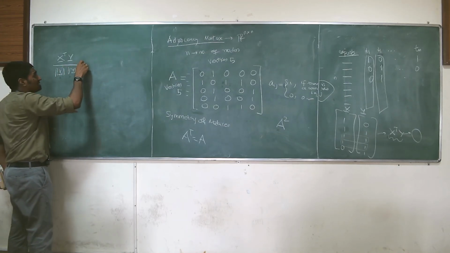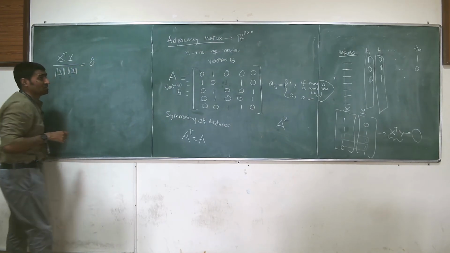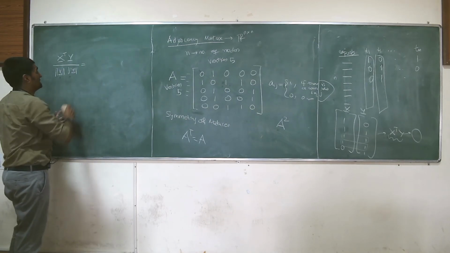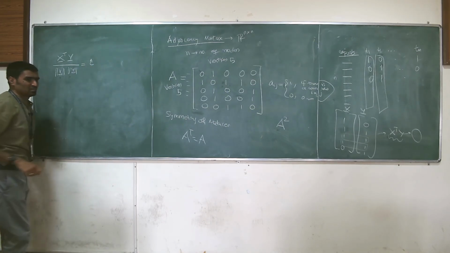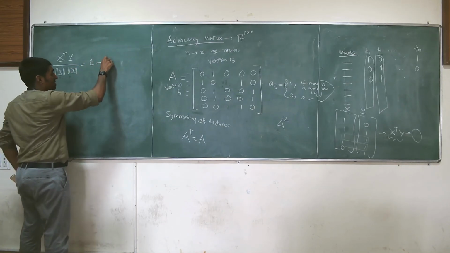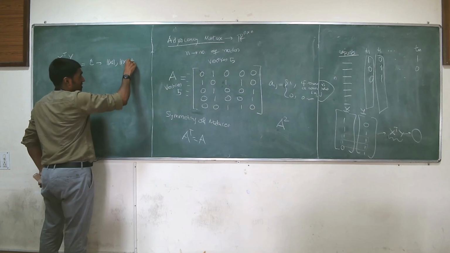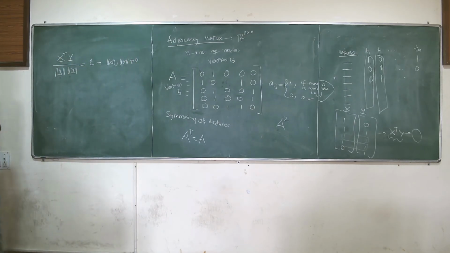Let's say we call this C. I think I call it C. A measure of co-occurrence. This is when both X and Y are not equal to 0.